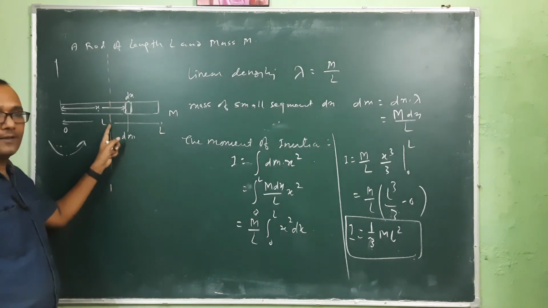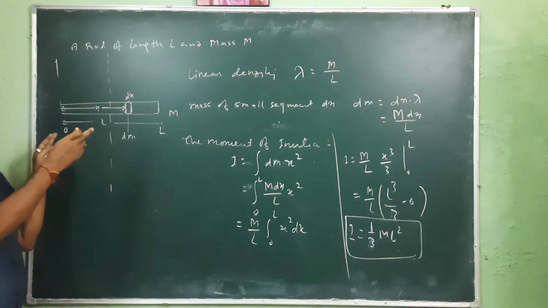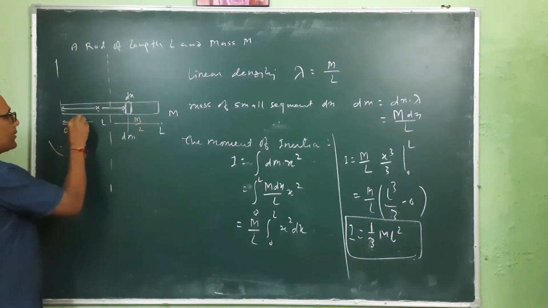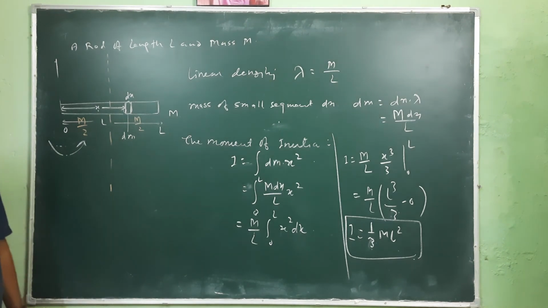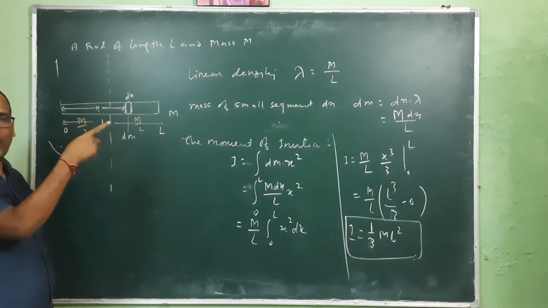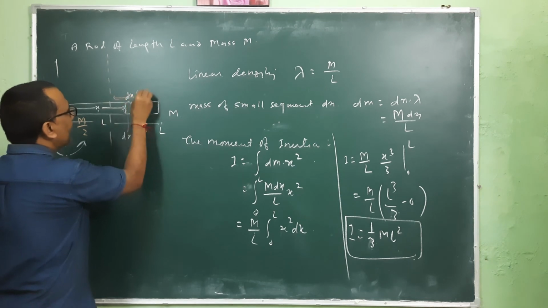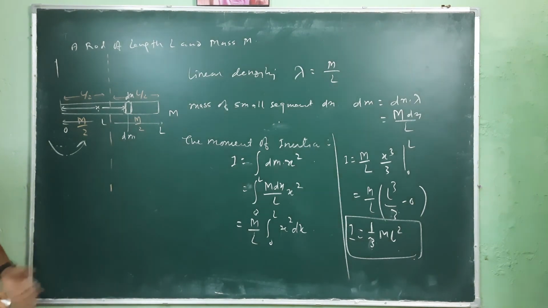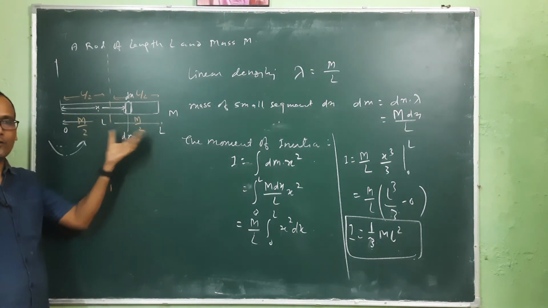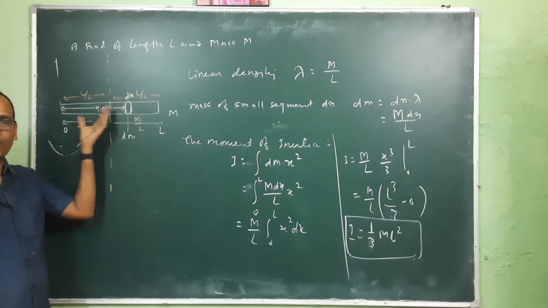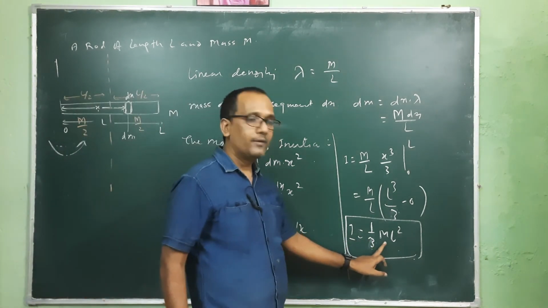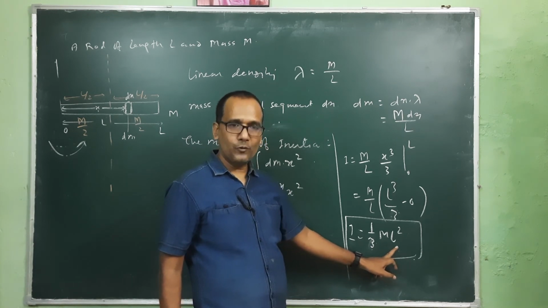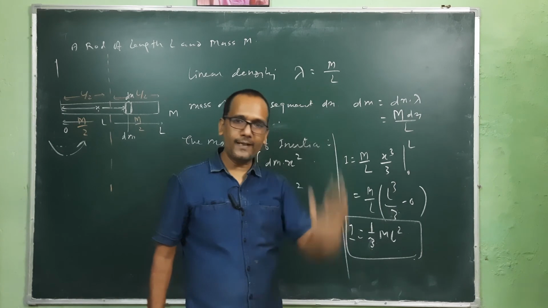When the axis is here, the mass is divided into two parts, M by 2 on the right hand side and M by 2 on the left hand side, as well as the length is divided into two parts, L by 2 here and L by 2 there. So in place of M, we can put M by 2, and in place of L, we have to put L by 2 if the axis is at the center.